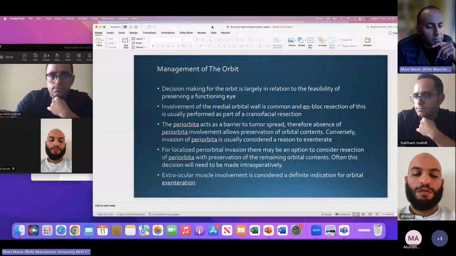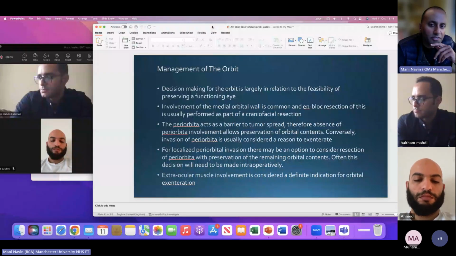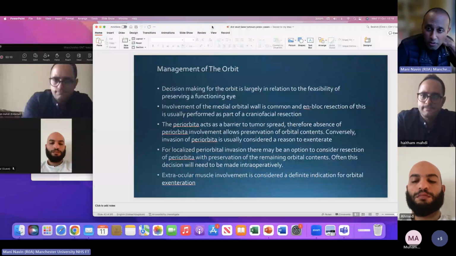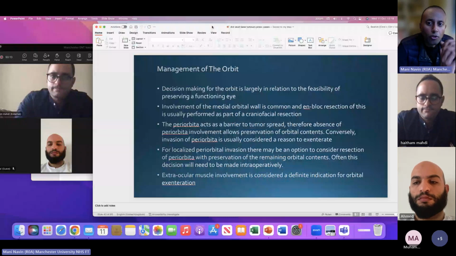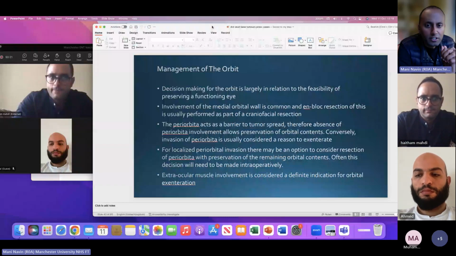In many cases, you'd have been better off exenterating the eye to start with, or will end up exenterating the eye due to side effects. So this is something to consider with orbital preservation. Although technically the tumor may not invade the globe, once it's into orbital fat, that's when you really start to think about needing to exenterate.